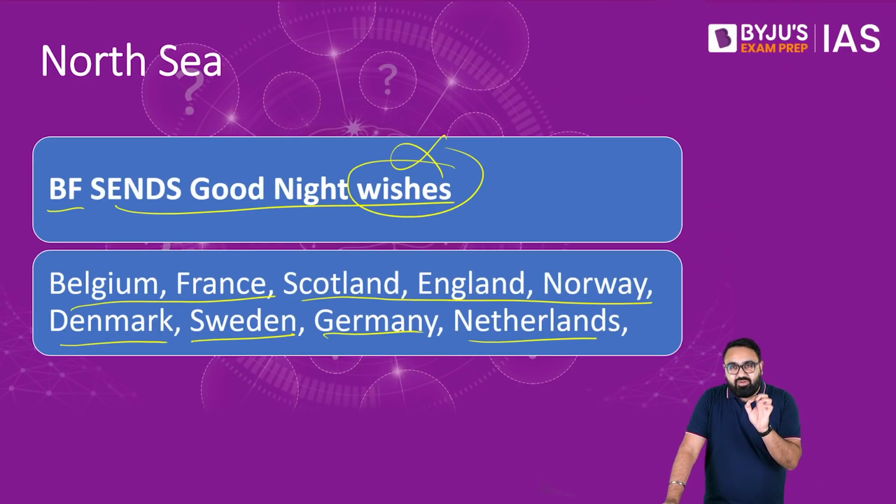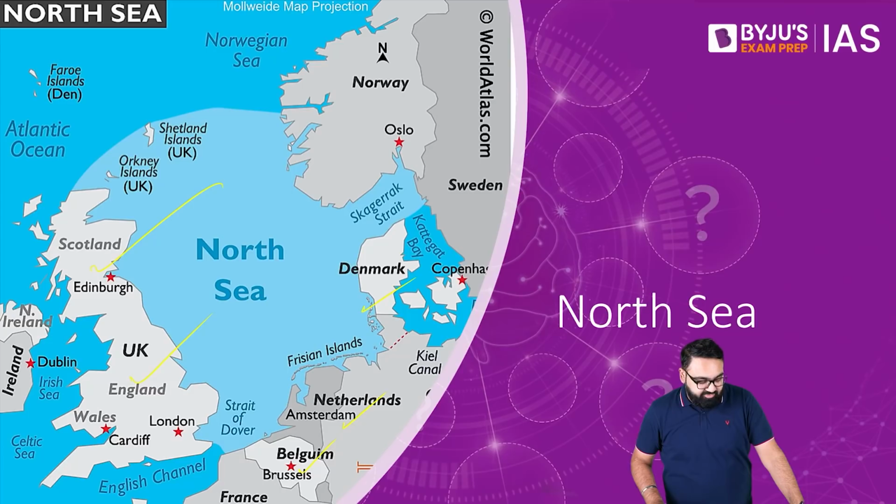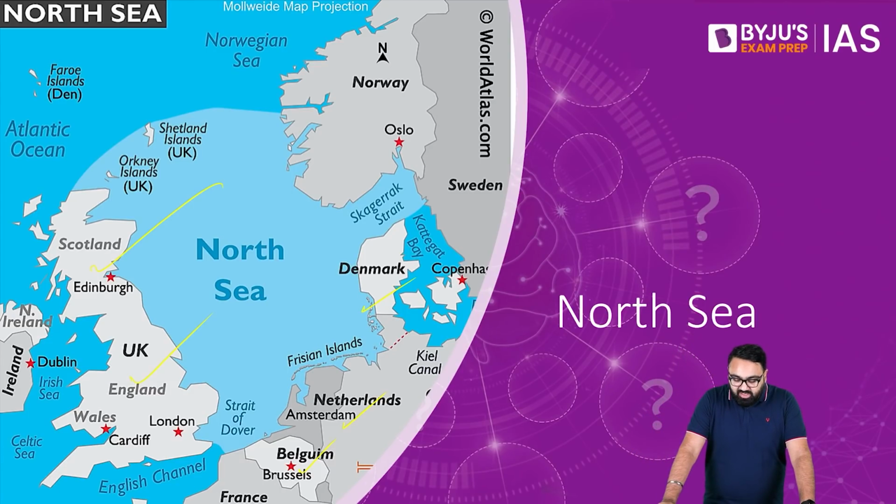Now over here, there is one slight clarification I would like to give you. If you look at the map here, there are some websites which will tell you that the nations surrounding the North Sea, in those websites, you would see Sweden is not mentioned. Because if you see, actually Sweden is over here, which is connected to the Skagerrak Strait.